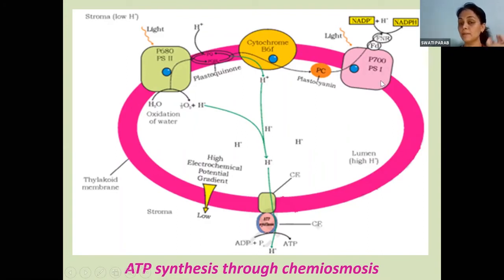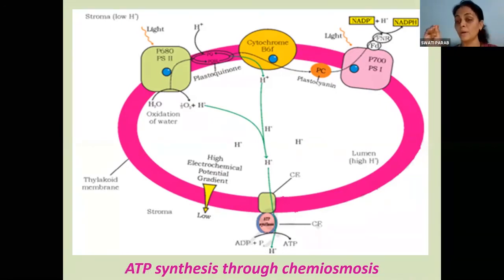See, PS2, this is PS1. As I told you, light reaction, light is taken up by P680. It undergoes both cyclic as well as non-cyclic photophosphorylation.